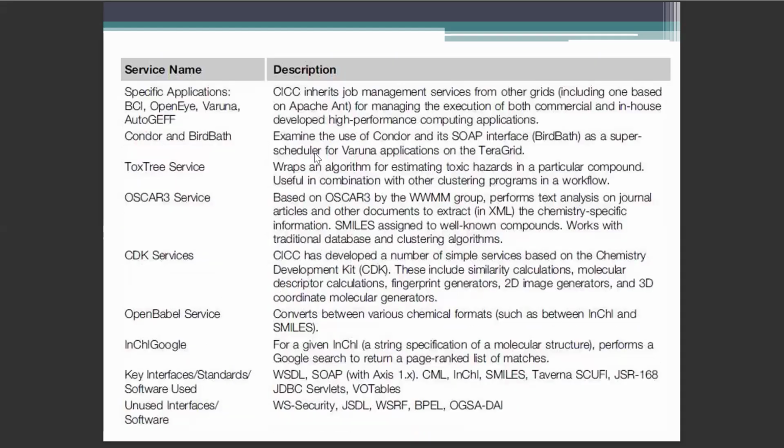And these are the different kinds of services provided by this chemical processing. If they need some images or some other things, they can use CDK services here. For example, if they need to convert chemical formats into another one, they will use the Open Babel service.